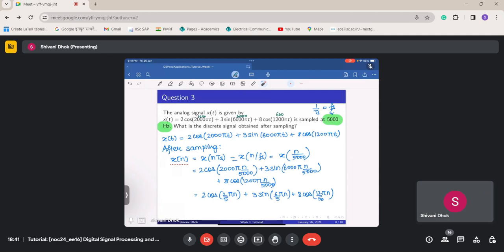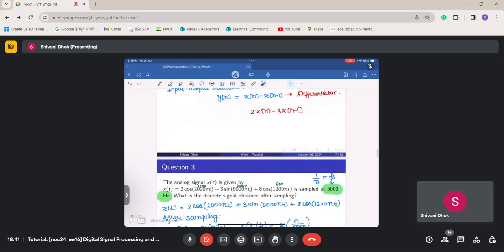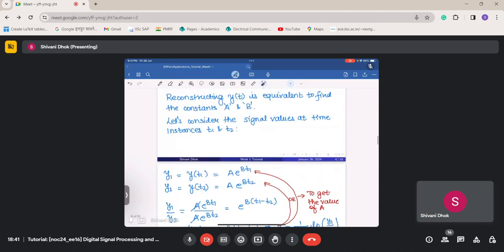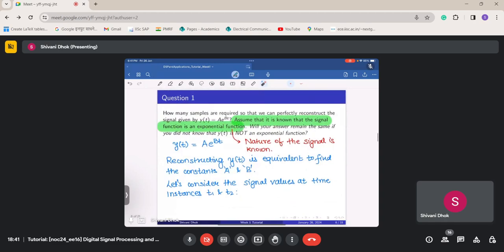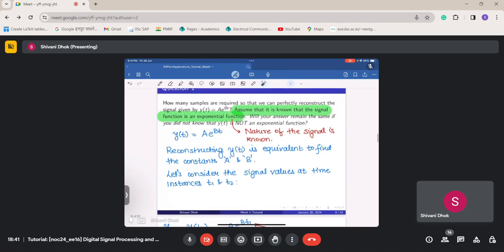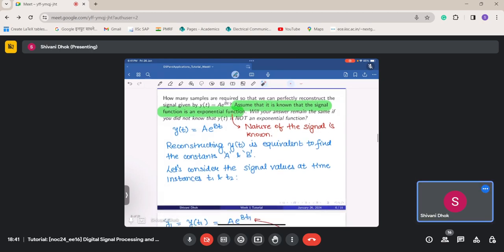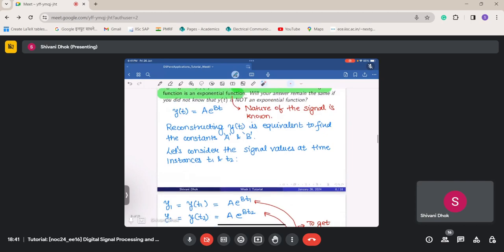Ma'am, can you put up the first question? This one? Is the question how many samples that is not answered, ma'am? Only 8 are answered. How 2 samples, ma'am? At T1 and T2.